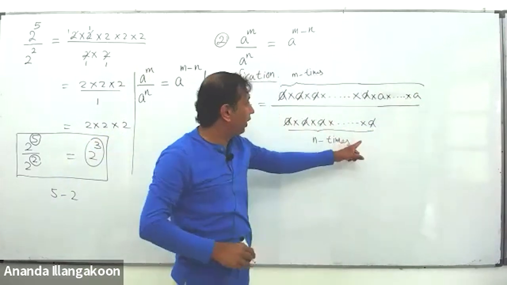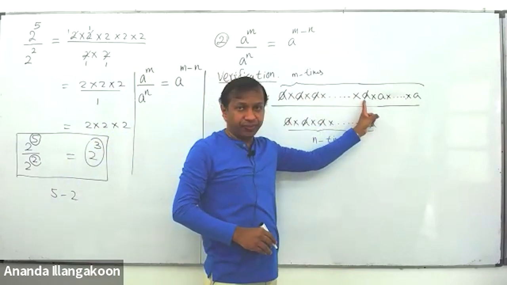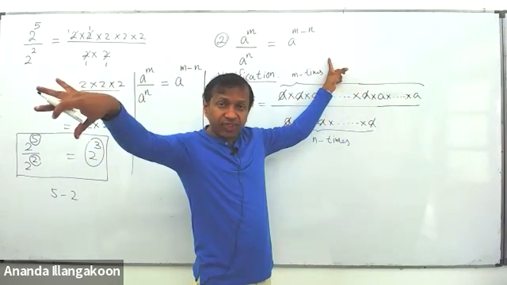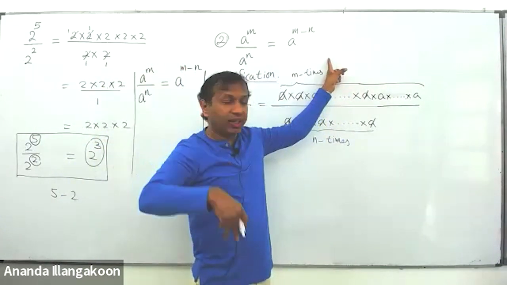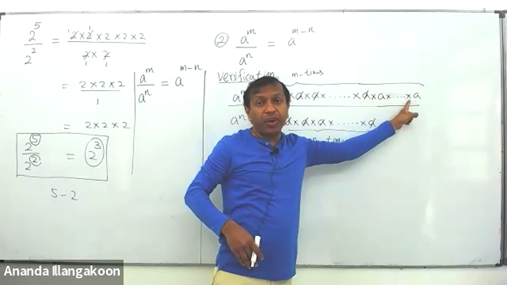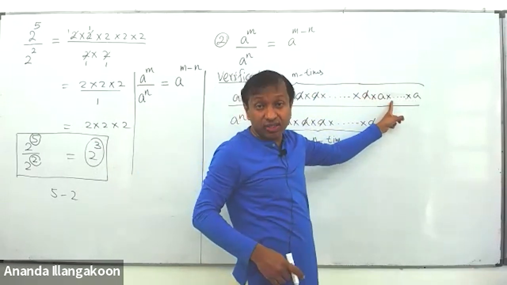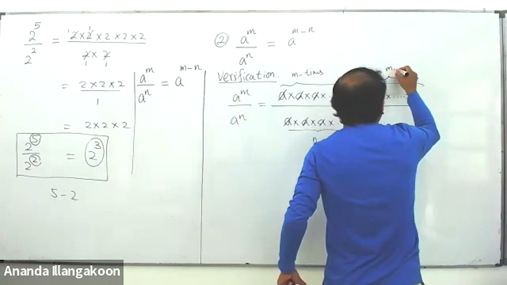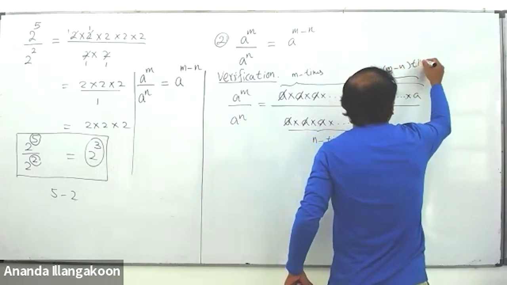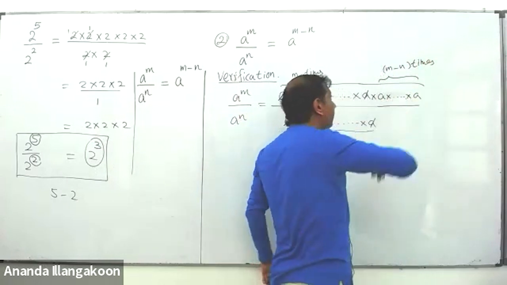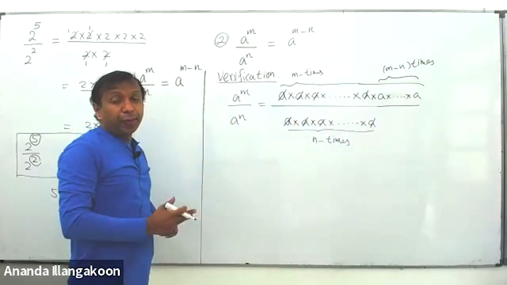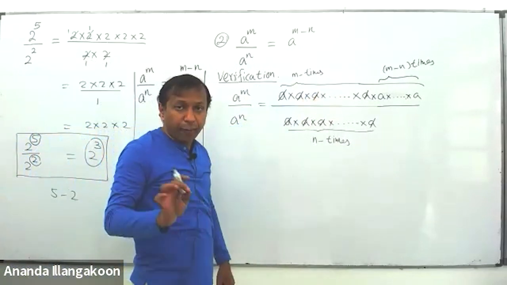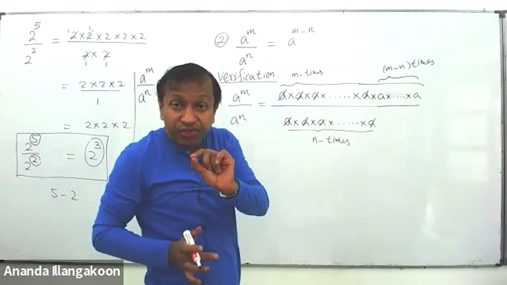Now from here to here, n a terms cancelled out of this m. Out of m, if n terms cancelled, what is remaining? m minus n. Then here we should have m minus n number of simple a letters, right? So then this is now m minus n times. This a appears there, what, people? m minus n times. Then the right hand side has the remaining m minus n number of simple a letters.